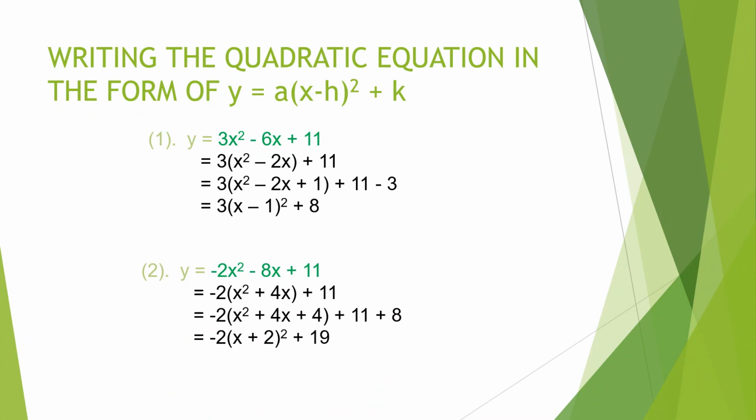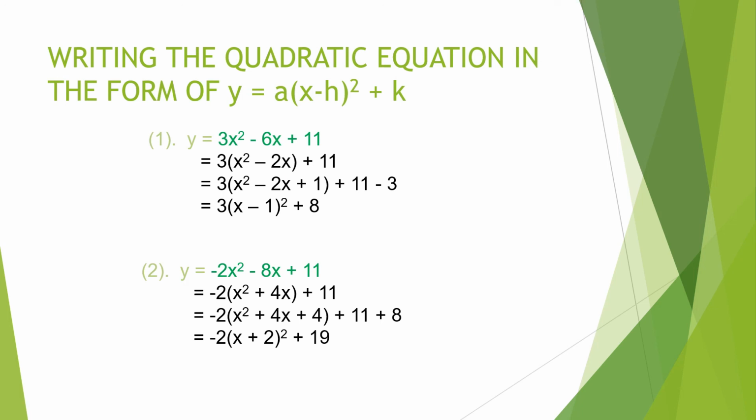Example number 2, negative 2x squared minus 8x plus 11. The same as in number 1, we're going to group together the terms containing x, factor out a, and then complete the expression in parentheses to make it a perfect square trinomial. So it becomes negative 2 times the quantity of x squared plus 4x, plus 11.